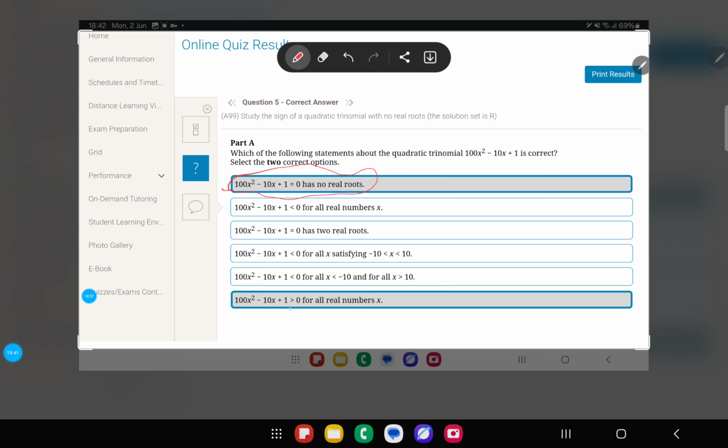And then the second option, it's greater than 0 for all real numbers x. So what it's basically saying is, when it's positive, it's for all real numbers x.